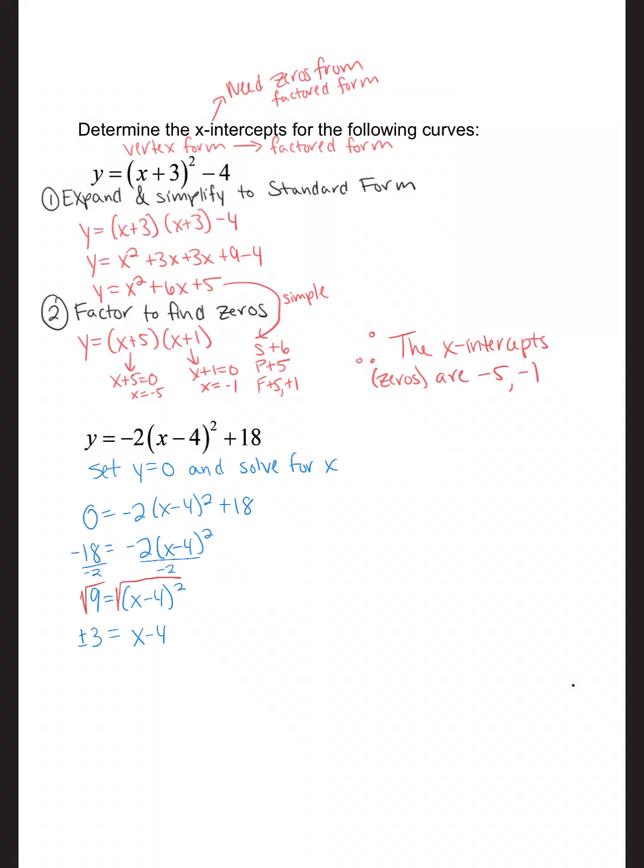Okay, so just something to take note of here. When you square root a number, the result is both the negative and positive version of that number.